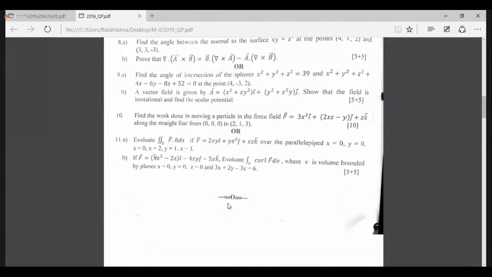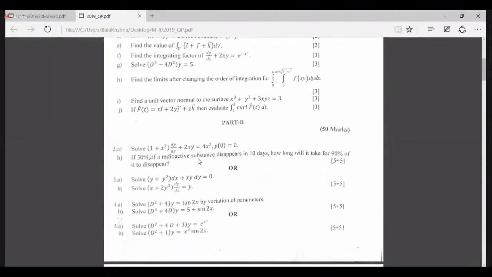Okay, as I was telling you, generally he will always go for a linear differential equation or a Bernoulli differential equation, and one question is compulsory from the application point of view. If you see the second bit, you are given an application of differential equations. Clear?